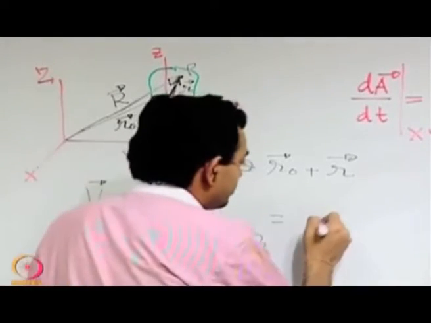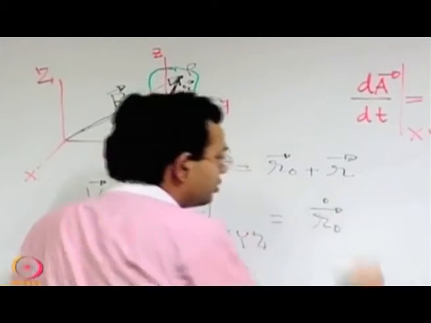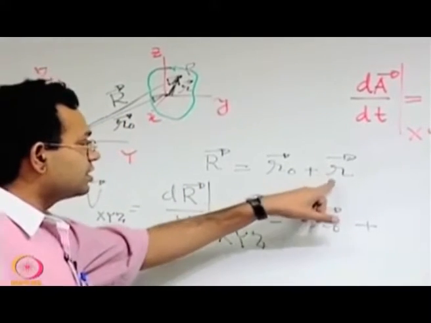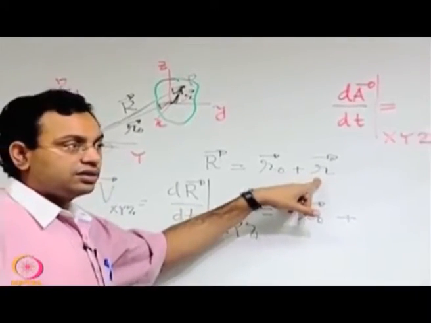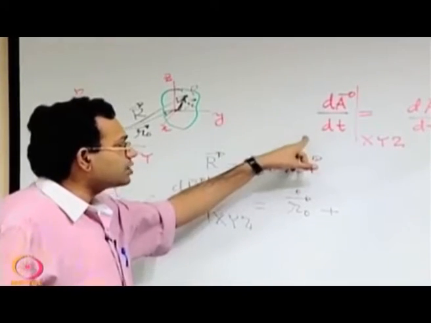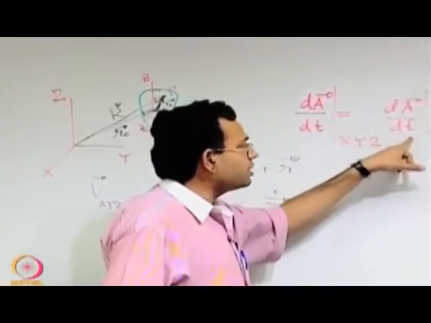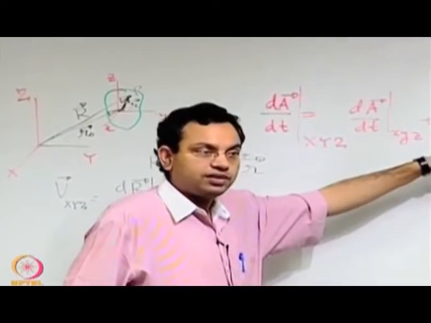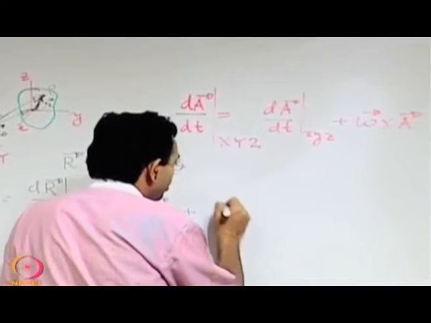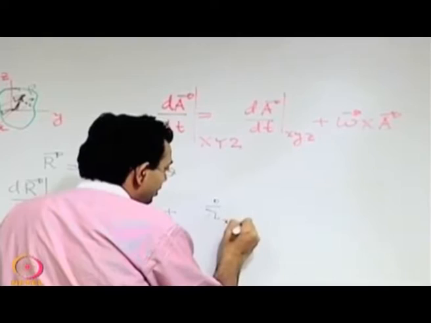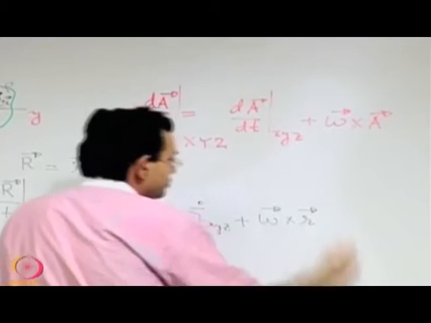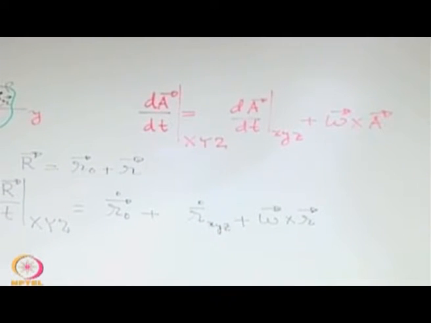So, this is R naught dot plus d dt of small r relative to capital XYZ. And d dt of small r relative to capital XYZ is d dt of small r relative to small xyz plus omega cross small r, from this theorem. So, that is as good as r dot relative to small xyz plus omega cross r, right.